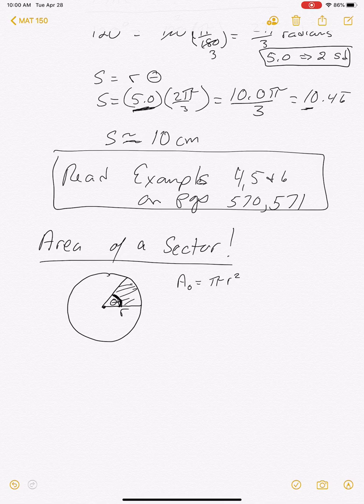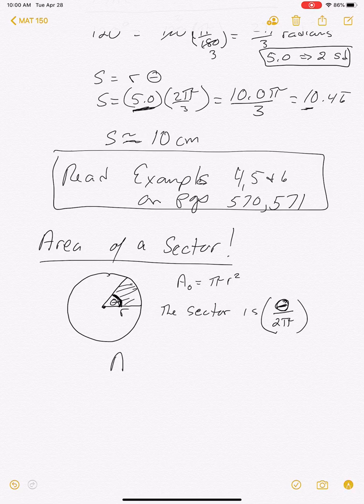So the sector is whatever the angle is over 2 pi, right? So if that's a 45-degree angle, then that's pi over 4. So this is a portion that I'm showing you. For example, if theta were 360 degrees or 2 pi radians, then this would be 2 pi over 2 pi, and it's the whole thing.